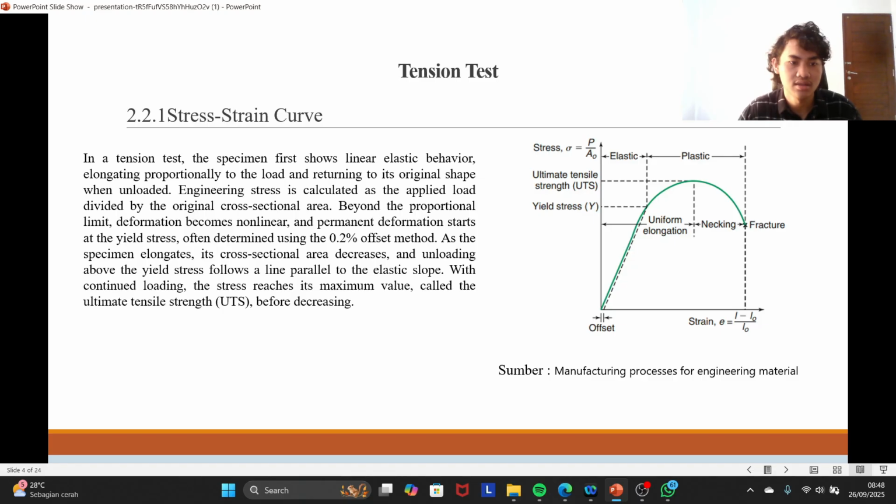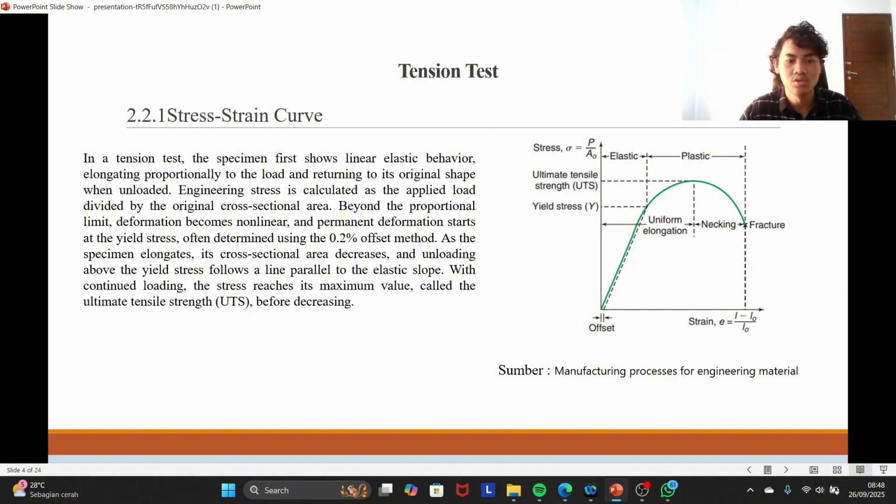Deformation starts at the yield stress, often determined using the 0.2% offset method. As the specimen elongates, its cross-sectional area decreases, and unloading above the yield stress follows a line parallel to the elastic slope.